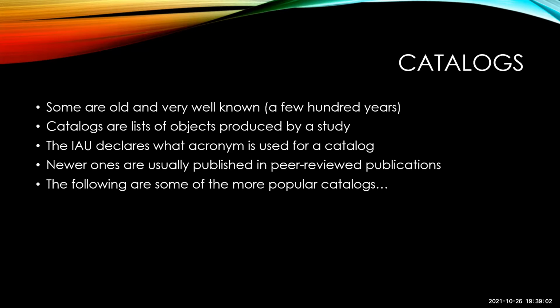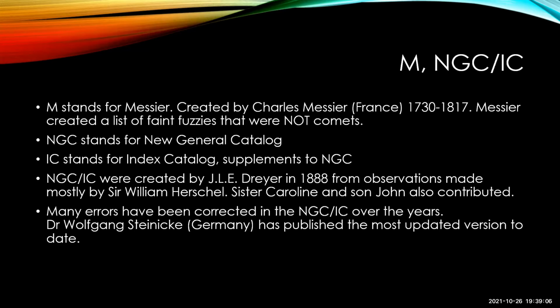And of these catalogs, some of the more popular are, you've probably seen the capital M, which would stand for Messier. Charles Messier was a Frenchman who worked from, I guess, 1800, give or take.